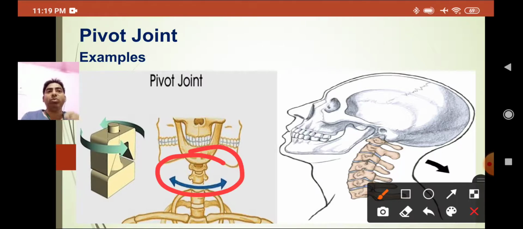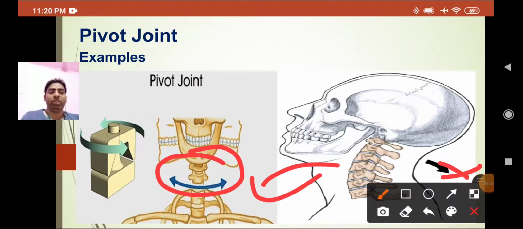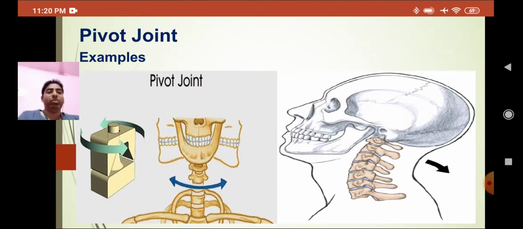It allows us to bend our head forward and backward and turn the head to our right or left. As you can see here, this is the backward position and this is the forward position. They can move left and right here also. This is the pivot joint.